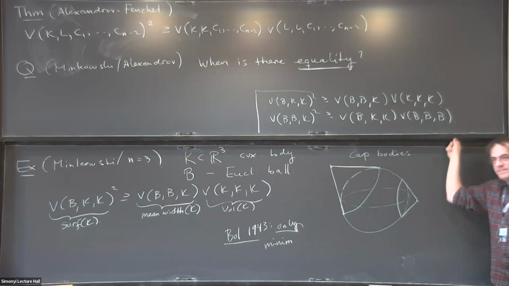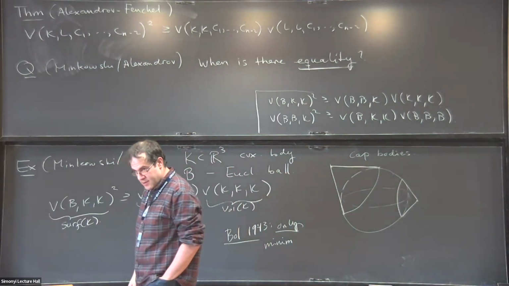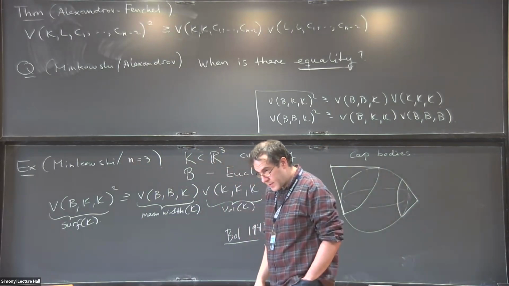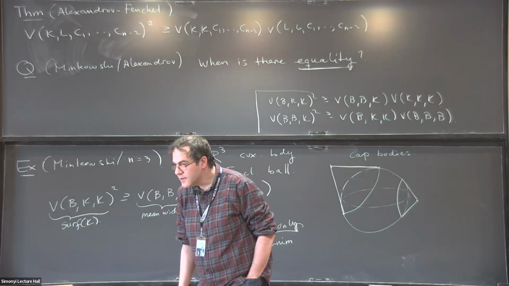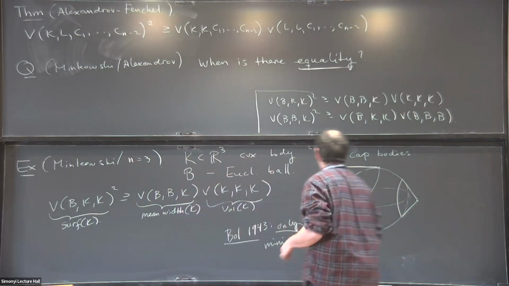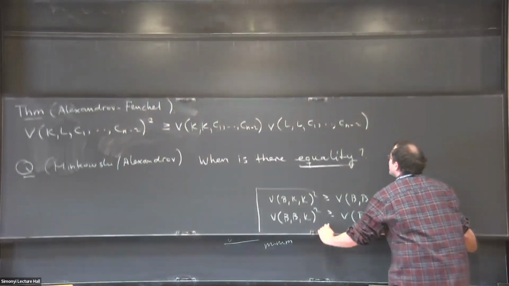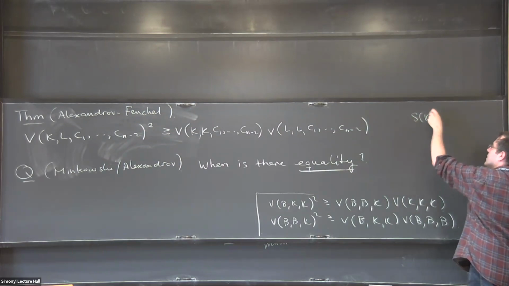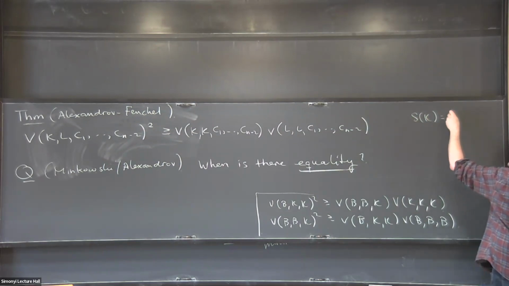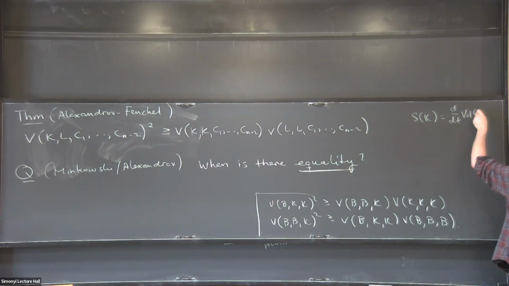Any more questions? Can you explain why it is the surface area? I cannot see it if it is a very small ball, but for a large ball. I think, what is the question? Why does this give the surface area? I would think you need a small ball. But you see, it's a derivative. The surface area is d/dt of the volume of K plus t times the Euclidean ball at t equals 0.